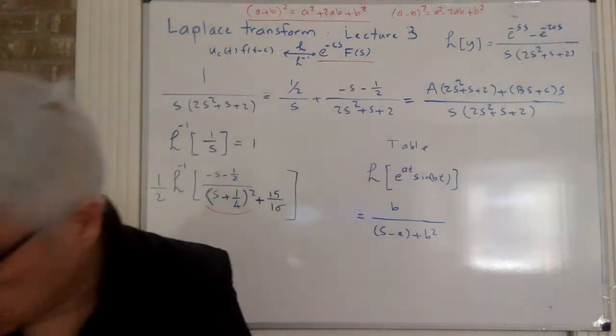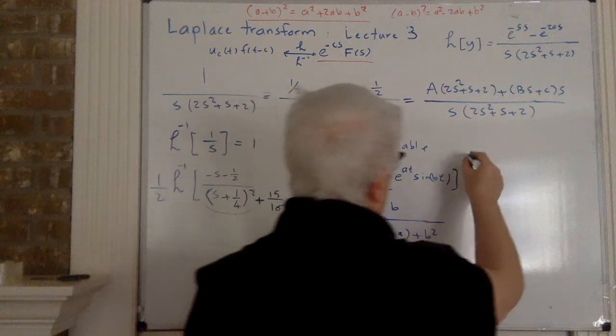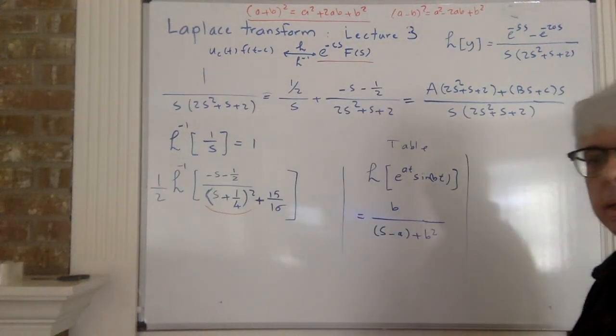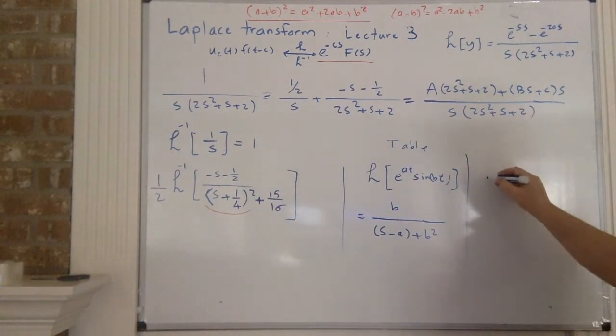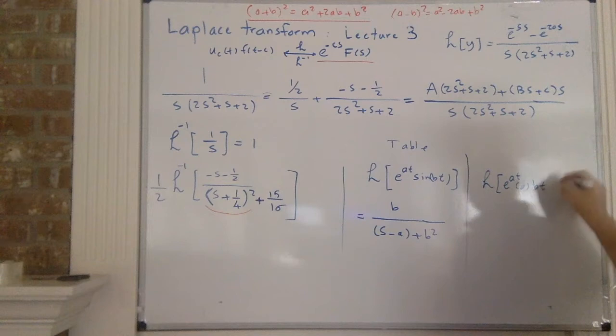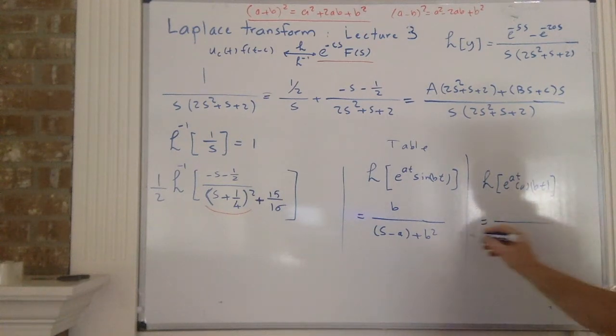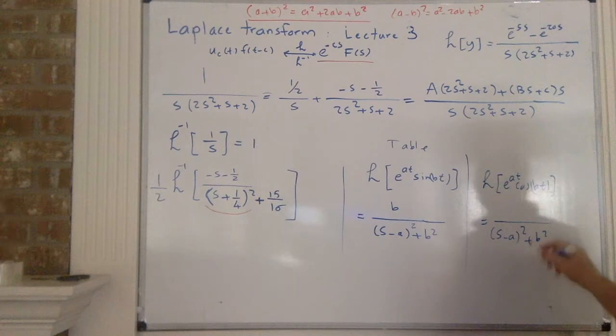And for cosine, I have L of e to the power at cosine bt, and that has the same denominator, s minus a squared plus b squared, and here I have s minus a on top.